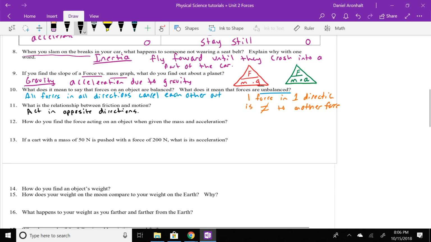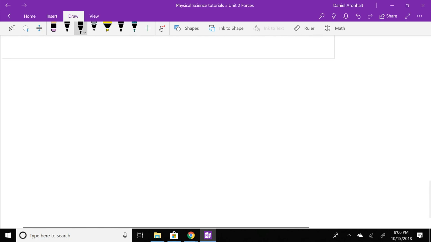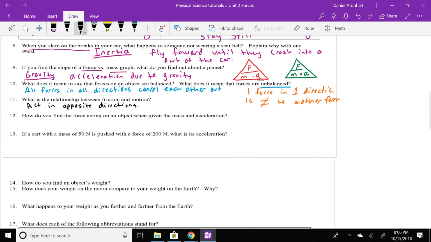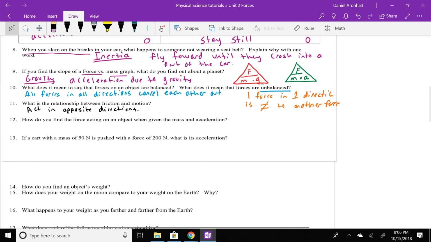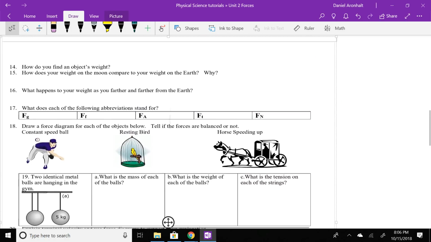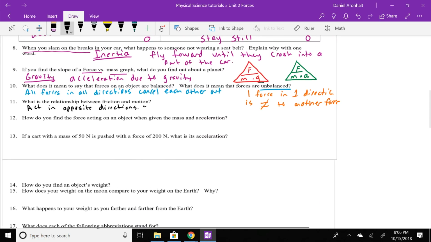They act in opposite directions. Friction opposes motion. Now we all know that. So if my car is driving left, friction is going right.